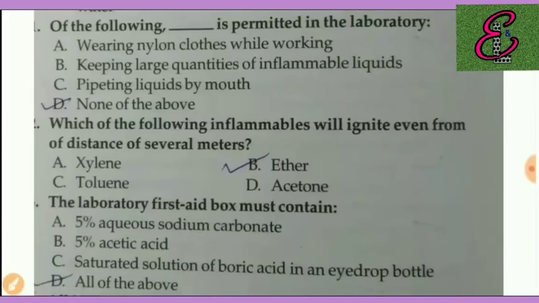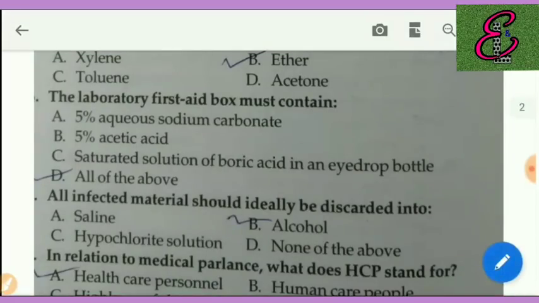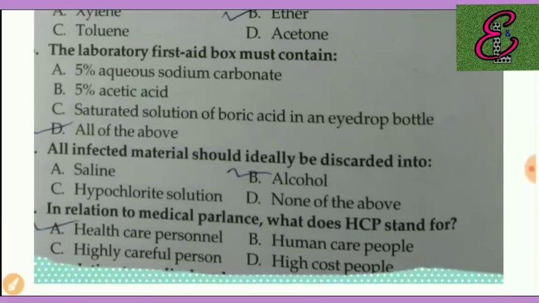Next question, the laboratory first aid box must contain, all of the above: 5% aqueous sodium carbonate, 5% acetic acid, and saturated solution of boric acid in an eyedrop bottle.